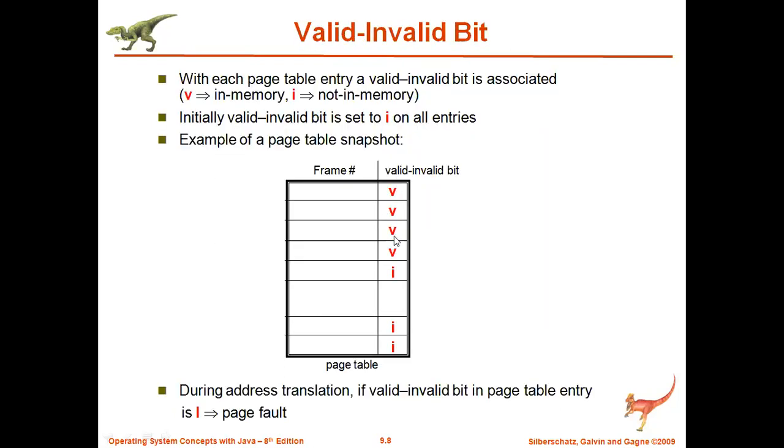Yes, valid and invalid. If the particular page is in the main memory, it is called V, a valid bit or valid frame. If it is not in the main memory, then it will be in the secondary storage, and that is represented with I. That means it has not yet been loaded into the main memory. This is required when we are studying the page table.